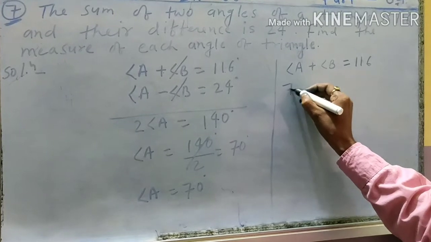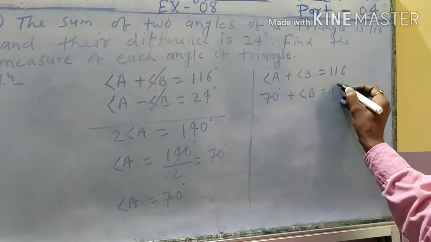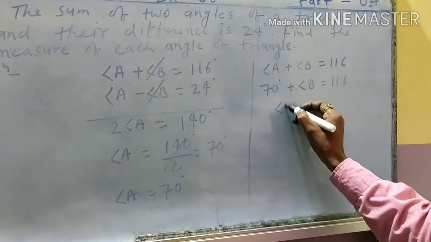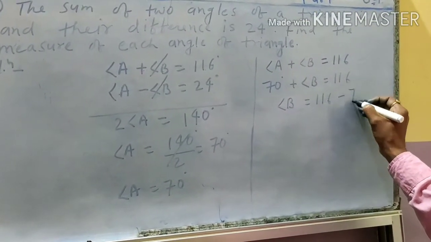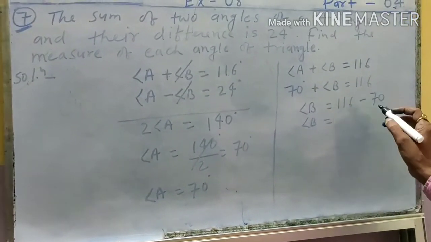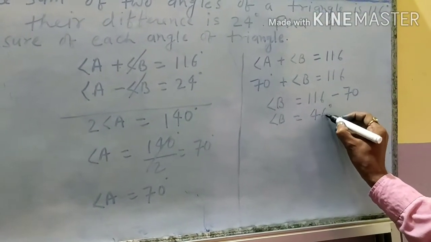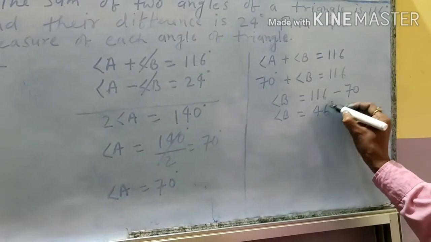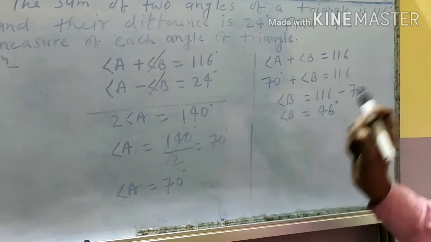Angle A is 70 degree plus angle B is equal to 116. So angle B is equal to 116 minus 70 degree. So calculate here, angle B is equal to 46. Angle B is equal to 46 degree. So angle A is equal to 70 degree, angle B is equal to 46 degree.